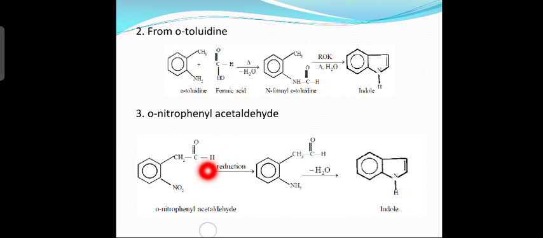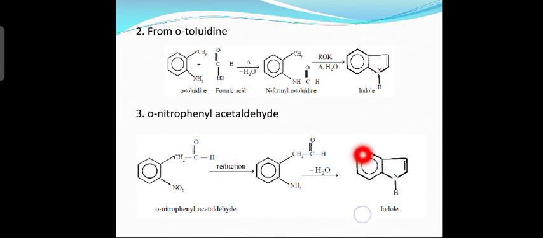This is orthonitrophenylacetaldehyde. It reacts to give ortho amino phenyl acetaldehyde. The NH2 group will be coming here. The NO2 group is reduced to NH2 group, that is known as reduction. So it undergoes reduction in the presence of iron and sodium bisulfite. NO2 group is converted into NH2 group.